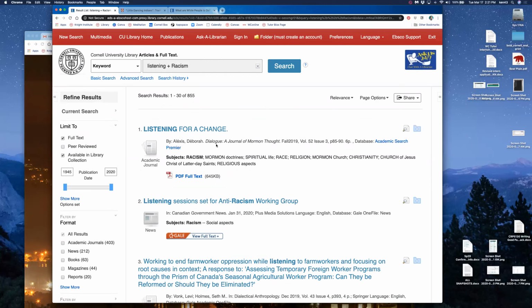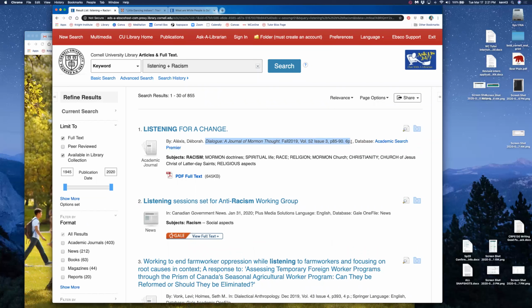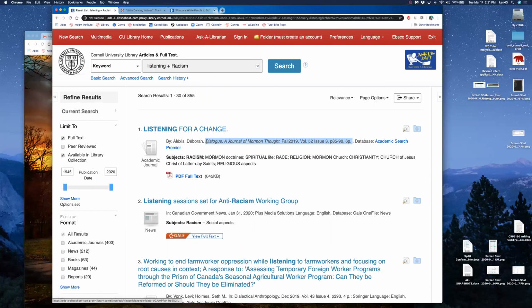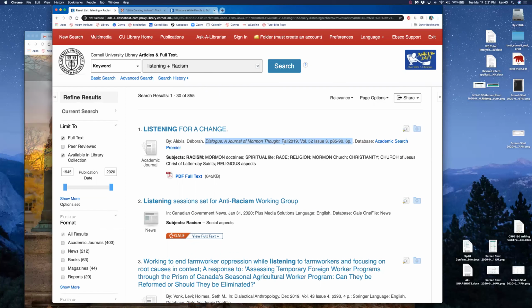But the specific academic journal is here. And often with an academic essay, a peer-reviewed journal article, you're going to see the title of the journal in italics. So this is Dialogue, a Journal of Mormon Thought. And you're going to see something about the volume, issue, and year, and then the page numbers.